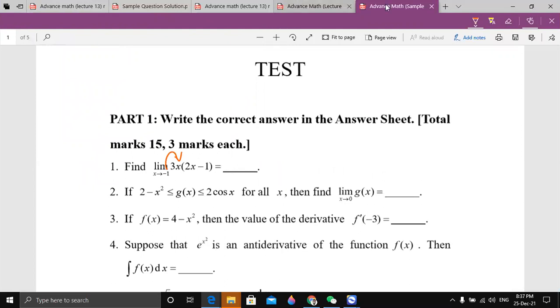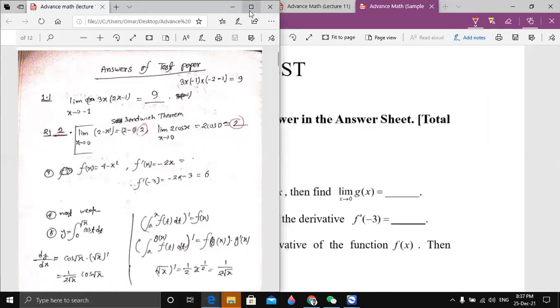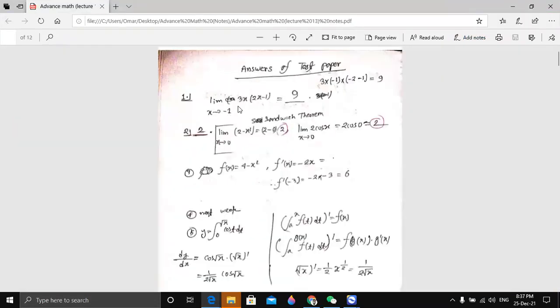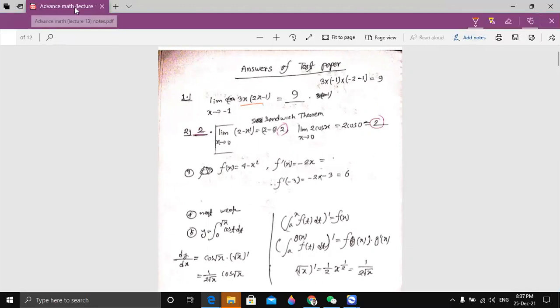So it will be 3 into -1 into 2 into -1 and -1. We can directly substitute the value here.